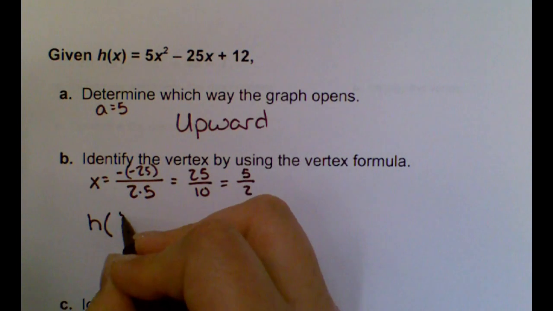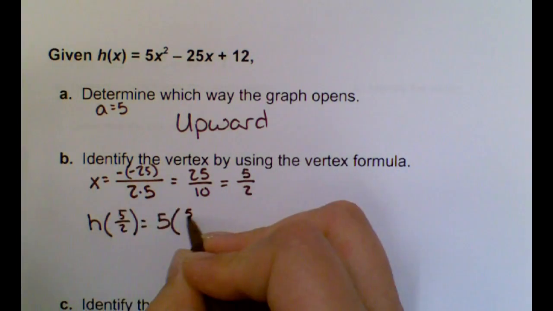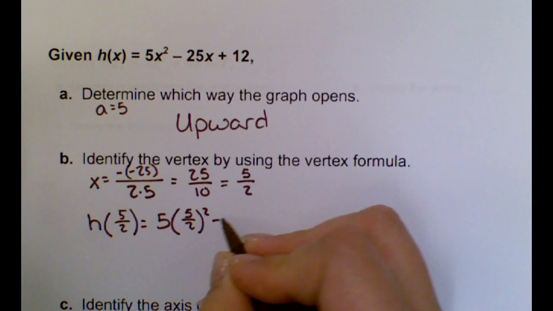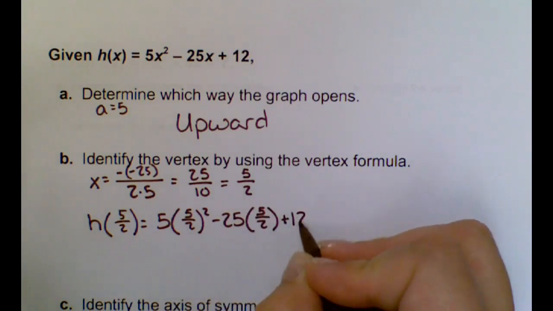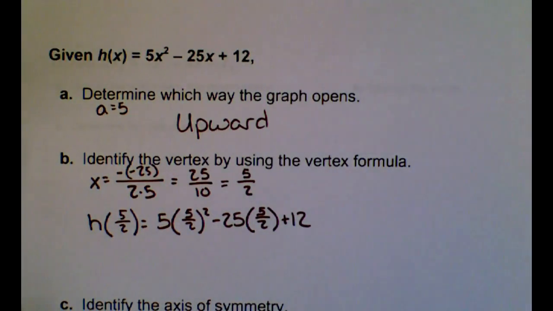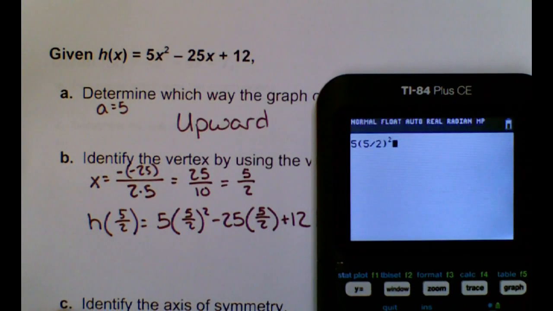To get the y value, we just take h of 5 over 2. 5 times 5 over 2 squared minus 25 times 5 over 2 plus 12. And I am a big supporter of work smarter, not harder. Let's type that in my calculator. 5 parentheses 5 over 2 squared minus 25 times 5 over 2.